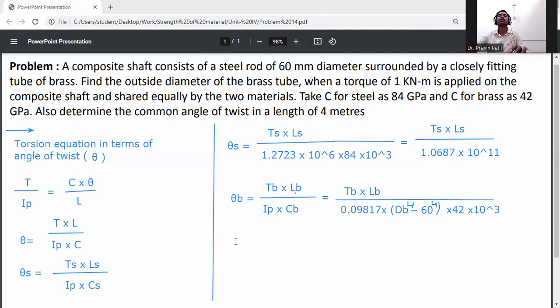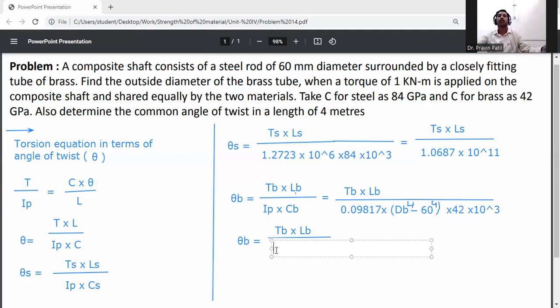So write down, simplify this, theta B is equal to TB into LB divided by 0.09817 into 42 into 10 raised to power 3.